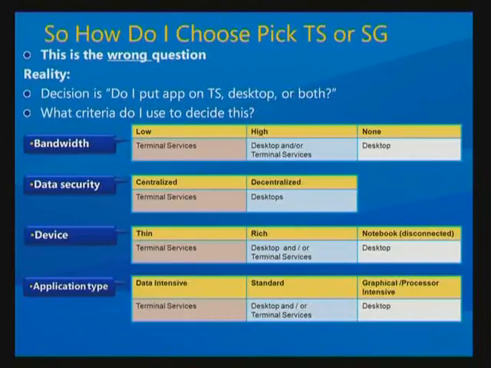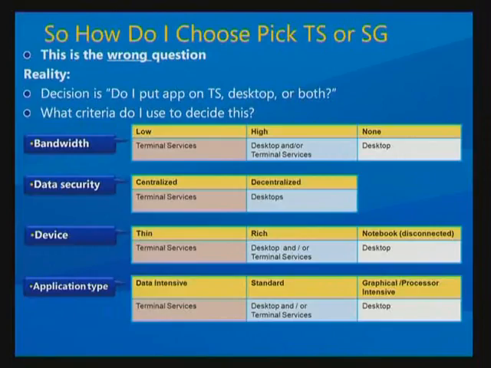Or do I want to put the application on a terminal server because of the benefits I get there, like the bandwidth issues? And once you've made that decision, the next question is, do I want to manage the application lifecycle, whether it's a desktop or a terminal server, with SoftGrid? That's really the right way to think about it.